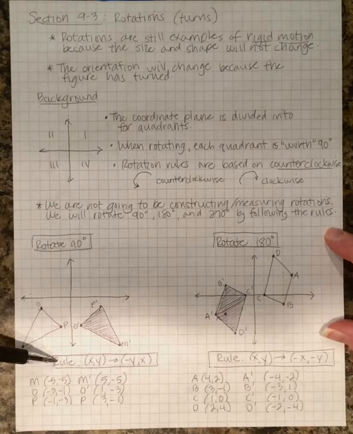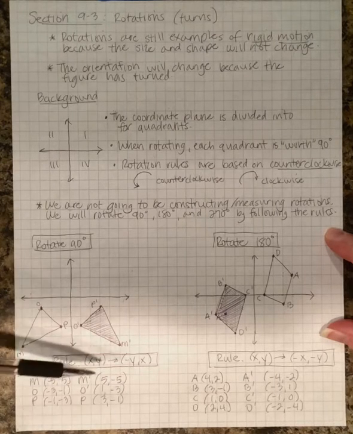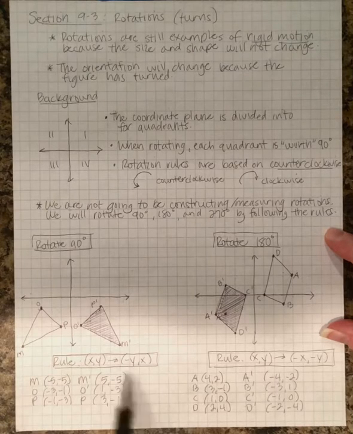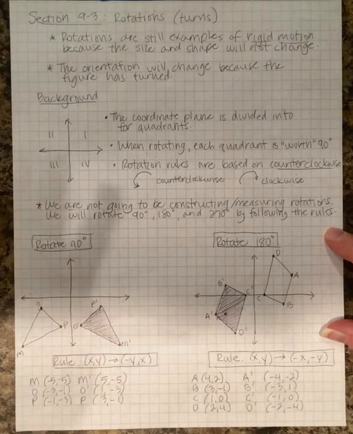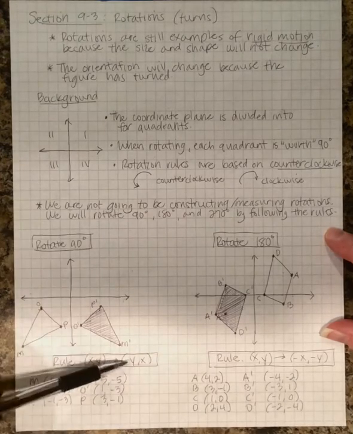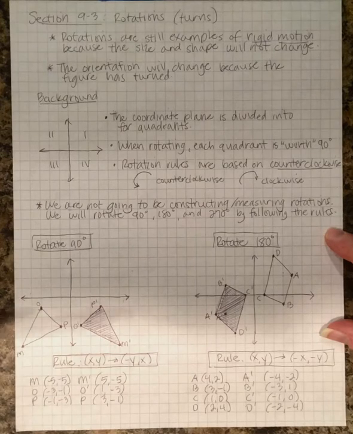And the rule for this is that you would take the coordinate points of the original figure, the pre-image, and then switch them and make the first one the opposite sign of whatever it currently is. Okay, it doesn't mean that the coordinate always has to be negative. The negative in all of these rules just means do the opposite of what's already there.